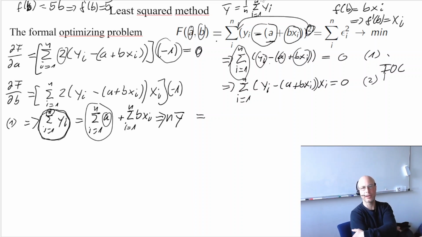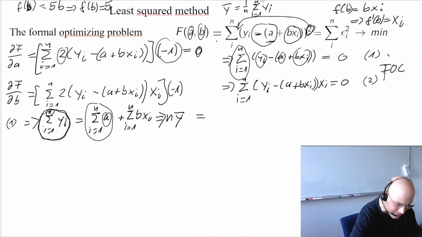The sum over i is 1, 2, 3 of the number 5 is summing up 3 times 5. 5 plus 5 plus 5 is 15. Here we have to sum up a n times. So we just obtain n times a.